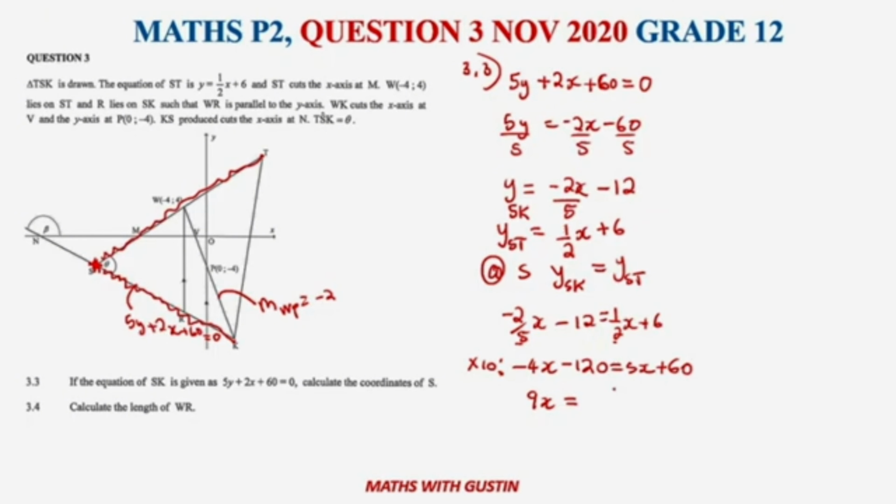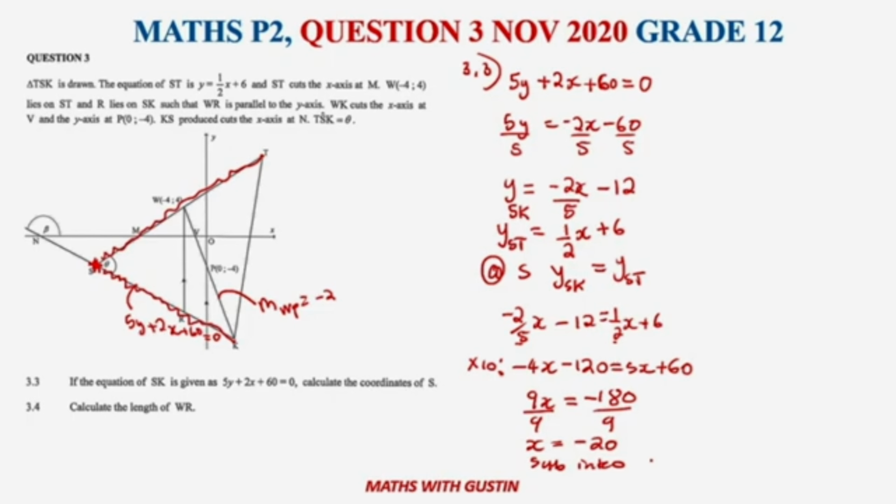Actually it's going to be the negative: 9x is equal to minus 180, divided by 9. I hope you guys can follow the algebra there. Therefore x is equal to -20. With that, we can sub this x into any of the equations.